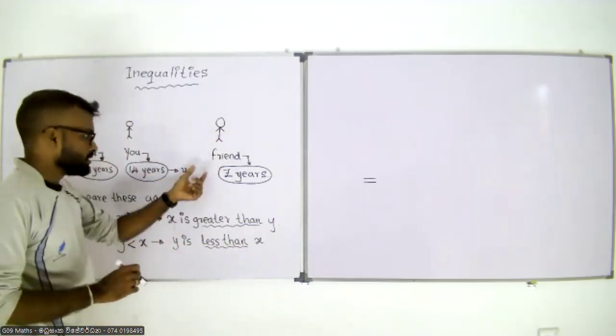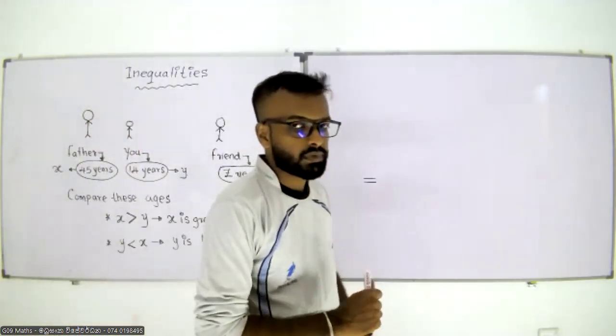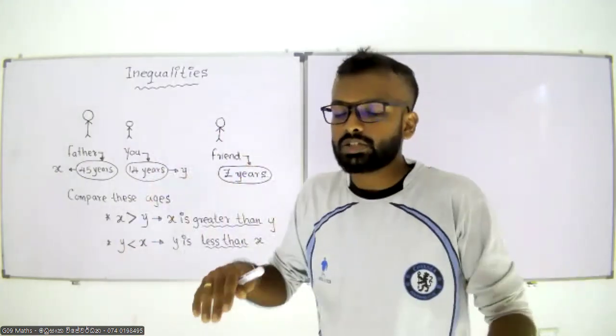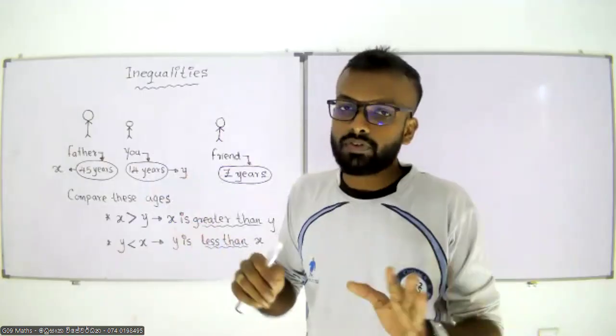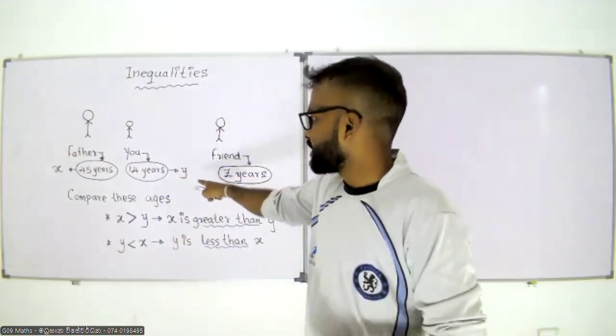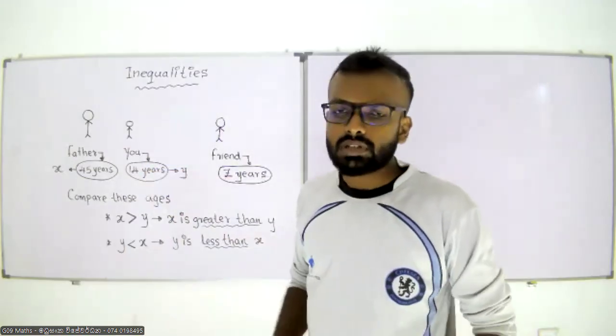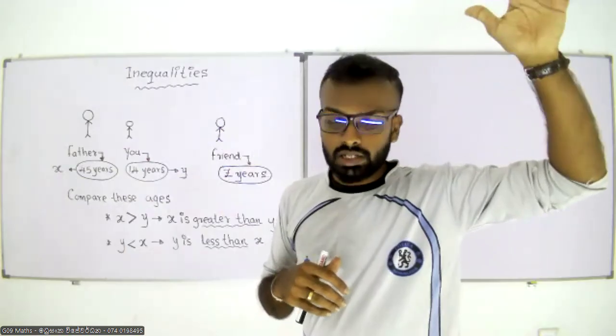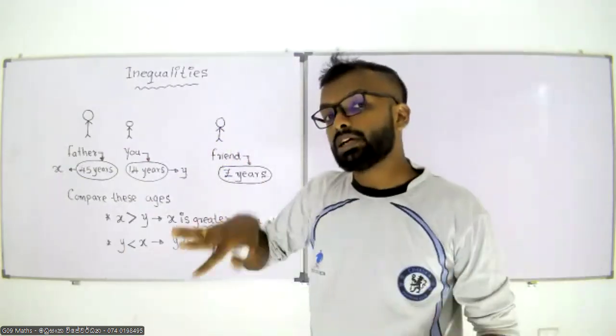And this is your friend. His age, we do not know. Let's assume we do not know the age of the friend. Sometimes his age can be 14 years, 15 years, or 13 years.